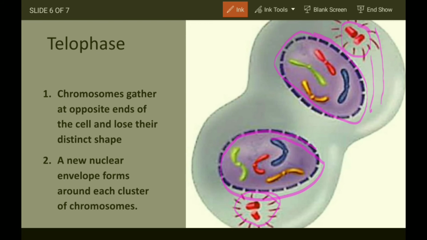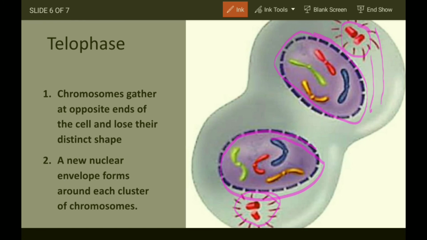Now you will be wondering that they have not yet been divided, right? But that is because this process is followed by cytokinesis, which is basically the cell division, when the cell is actually divided into two parts, or however many parts it's going to be divided into, generally two.